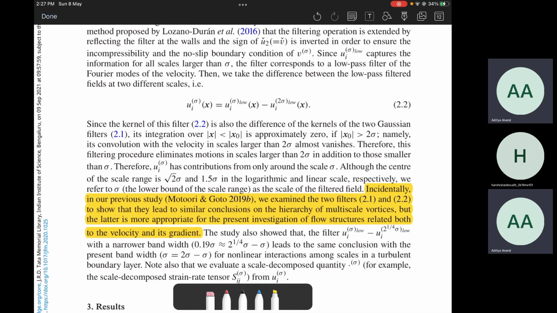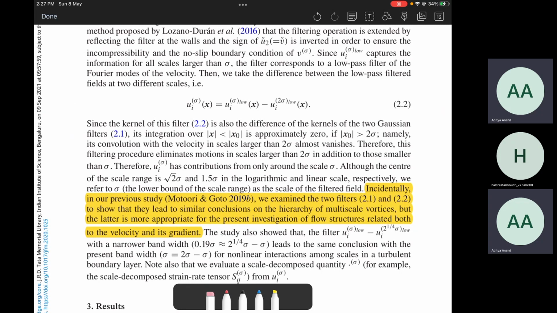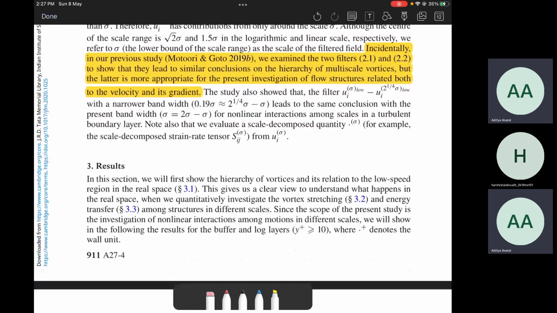With this definition of the bandpass filtered field, they have given some metrics of these bandpass filters. They say that if you use this definition, the prominent scale of the resultant velocity field will be centered around root 2 sigma, or 1.5 times the sigma that you have used.